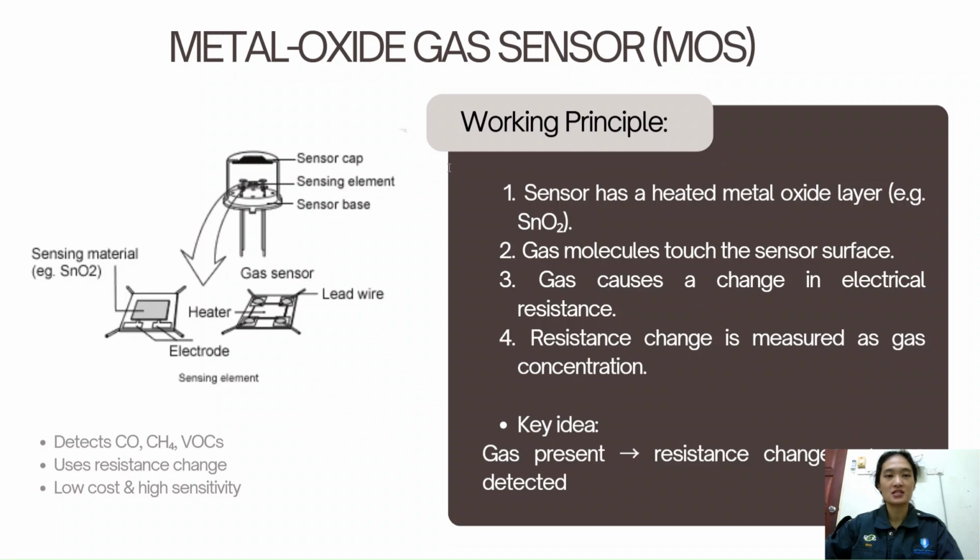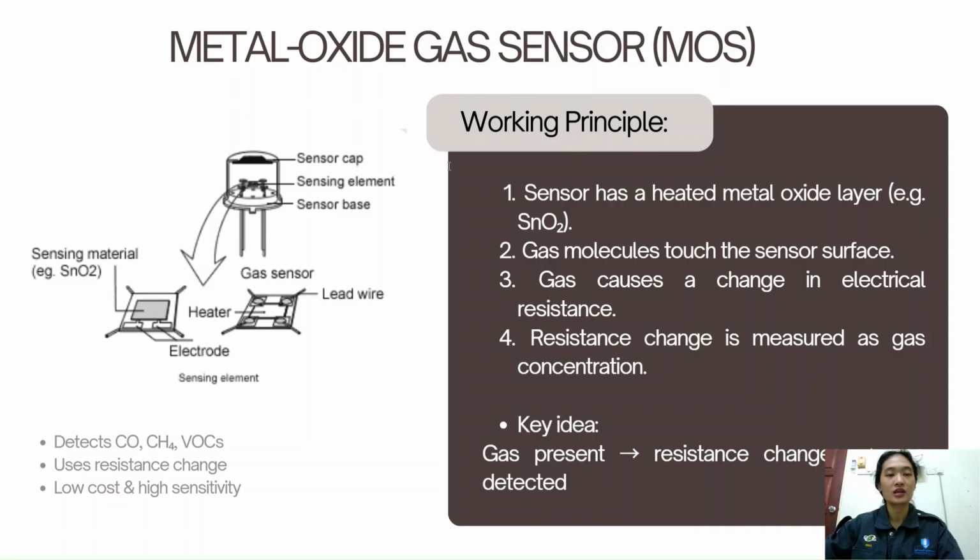This reaction releases the trapped electrons back into the metal oxide layer. As a result, the electrical resistance of the sensor decreases. The magnitude of the resistance change is proportional to the gas concentration.